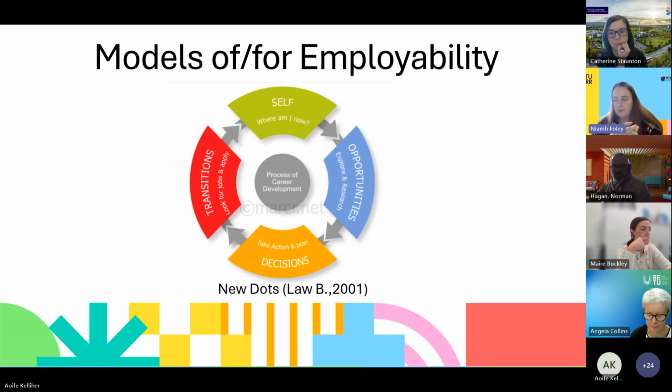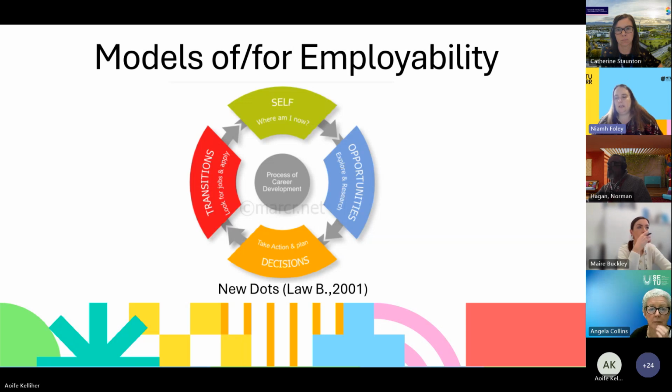And the opportunities: what opportunities are they aware of? What have they explored? What have they researched? And looking at the transitions, what skills do they have for making these successful transitions? What type of jobs are they looking for? What type of jobs are they applying for? And then the self: where are they now, and what am I looking at?